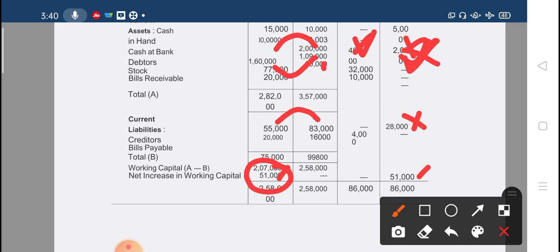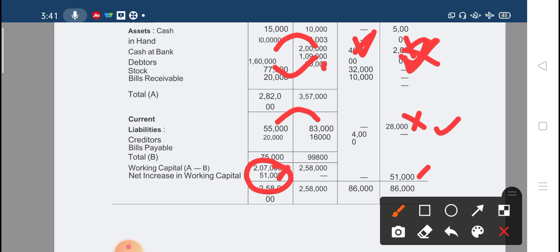But in case of current liabilities, if the amount of a particular current liability is increased from one period to another, the difference amount is written in the decrease column. Even though it shows an increased amount, it should be treated as a decrease of current liability.